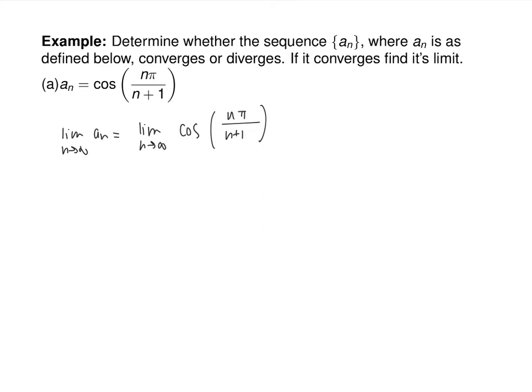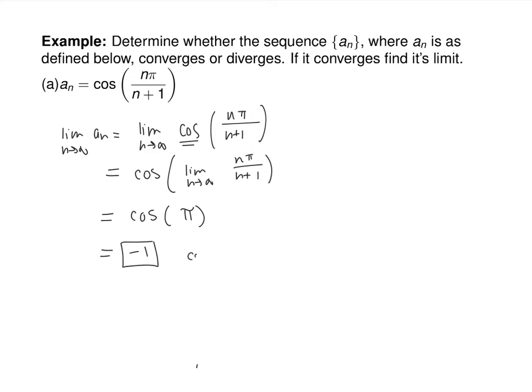As cosine is a continuous function, this limit can move inside of it, and that becomes cosine of the limit as n goes to infinity of n pi over n plus 1. And n pi over n plus 1 will approach pi as n goes to infinity. And cosine of pi is -1. So our sequence converges to -1.